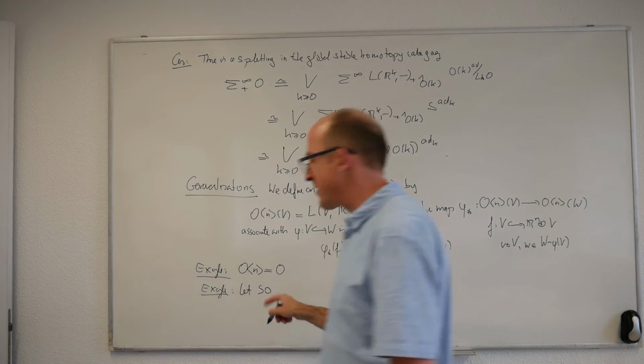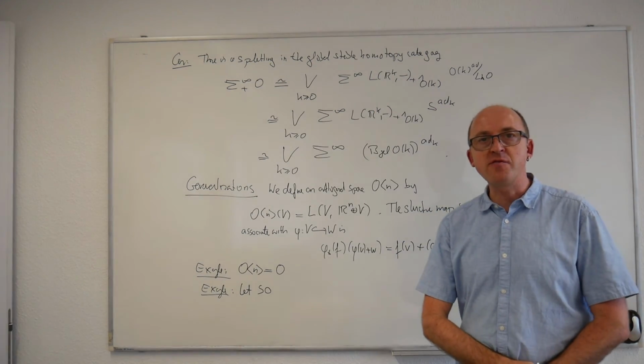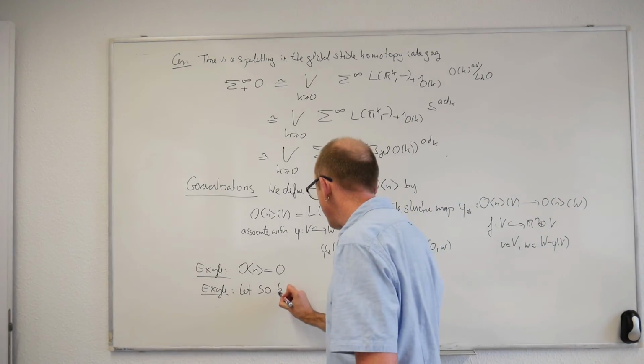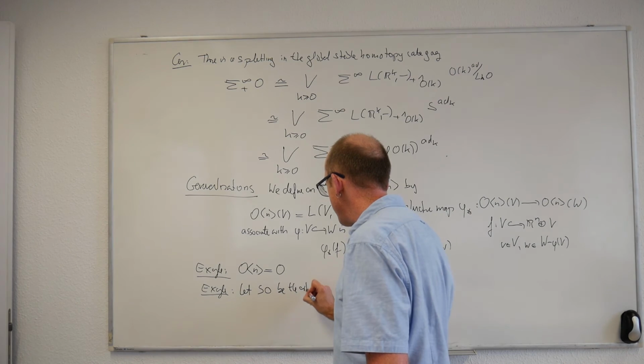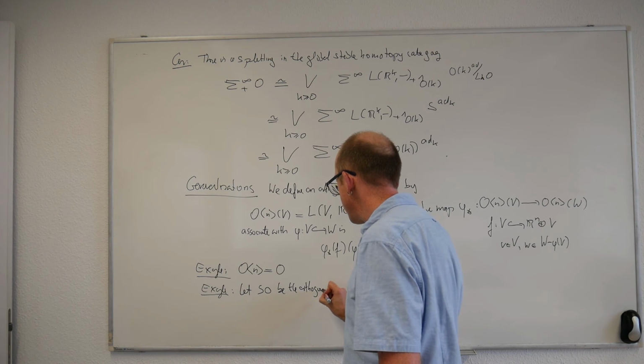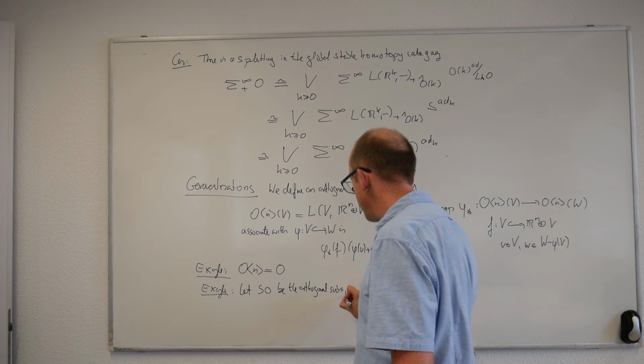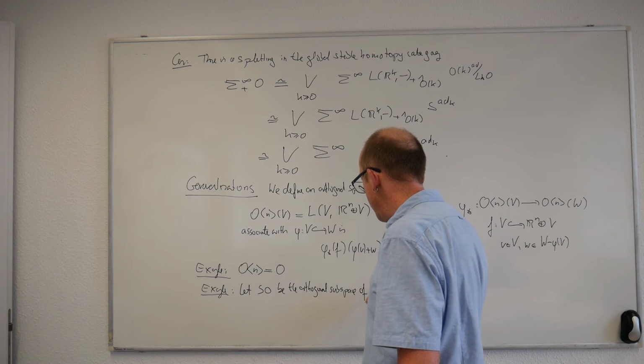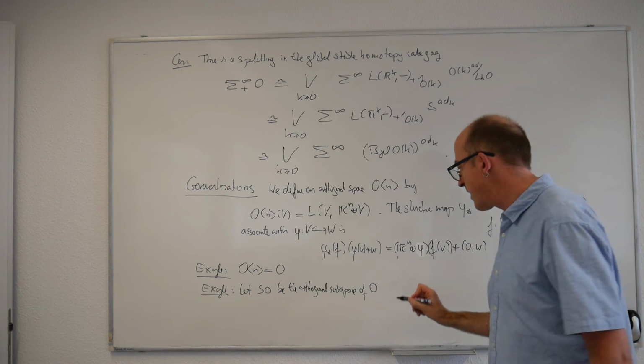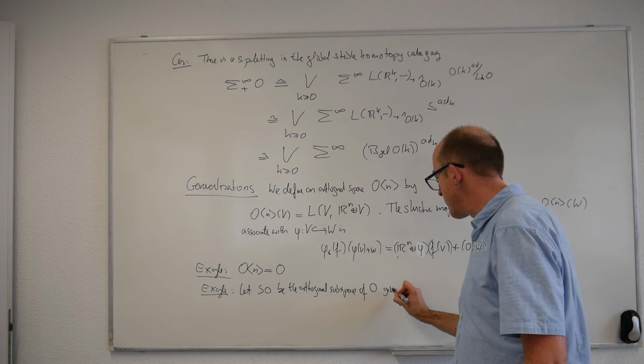Let SO, and you are supposed to imagine that this is math boldface letters again, be the orthogonal subspace of math boldface O given by the special orthogonal groups.